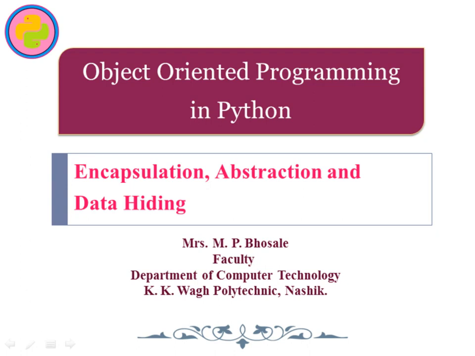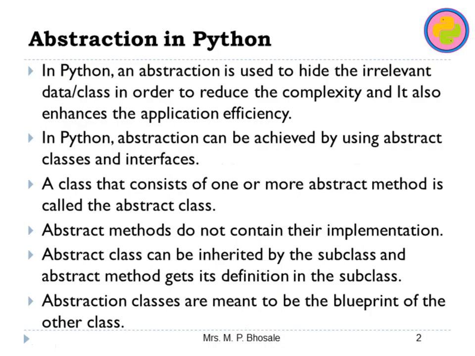In this lecture, we will discuss the implementation of encapsulation, abstraction and data hiding in Python. So let us start with abstraction in Python. In Python, abstraction is used to hide the irrelevant data or class in order to reduce the complexity, and it also enhances the application efficiency.